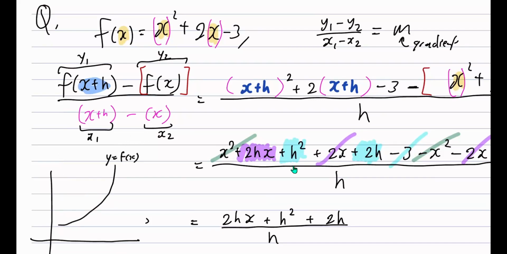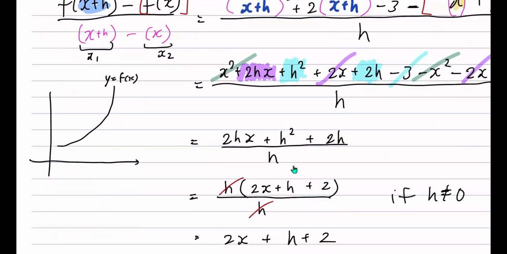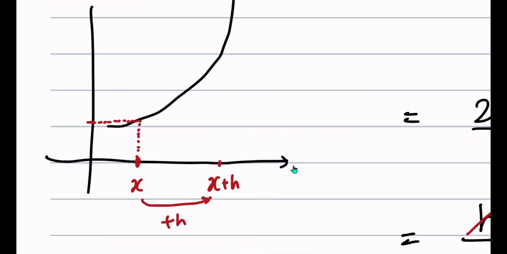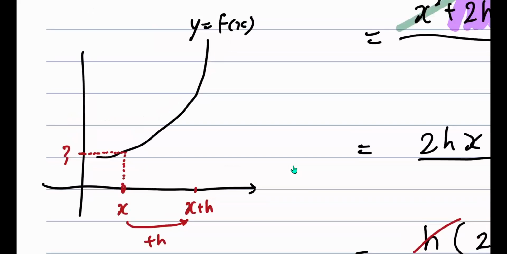If we pretend that the fx graph looks like this curve, then you have a point here that's x, and then you travel a certain plus h distance. Then you end up at x plus h. What's your corresponding y coordinate? If this is f of x, when x is x, then just sub in, you get f of x. Does that make sense?